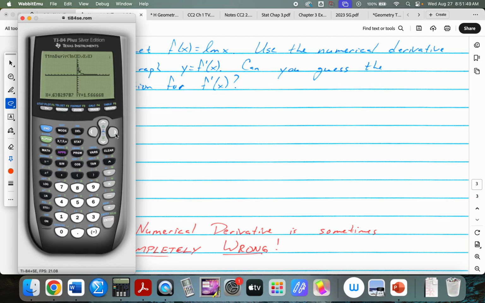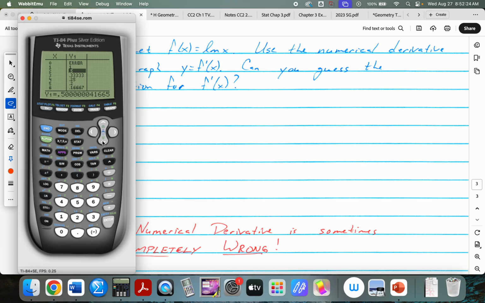And you're like, do you recognize what this graph kind of looks like? 1 over x. It kind of looks like 1 over x. Let's go into the table and look what we've got. When x is 1, y is 1. Well, that would be 1 over x. When x is 2, y is 0.5.